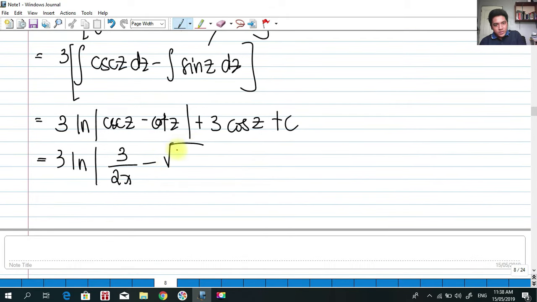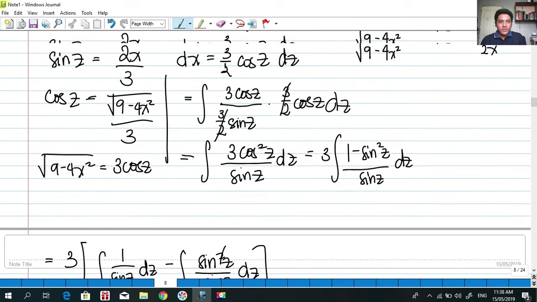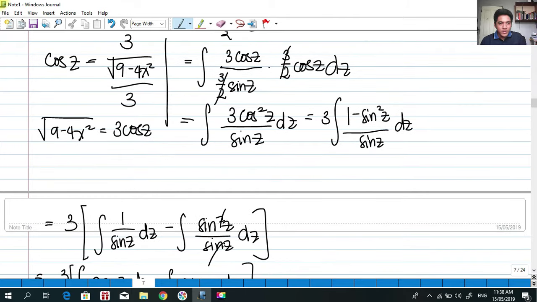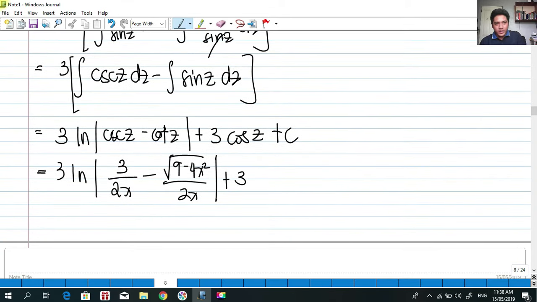So cotangent z is the square root of 9 minus 4x squared over 2x, plus 3 cosine z. Cosine z from our figure is equivalent to the square root of 9 minus 4x squared over 3. So we have the square root of 9 minus 4x squared over 3 plus c.